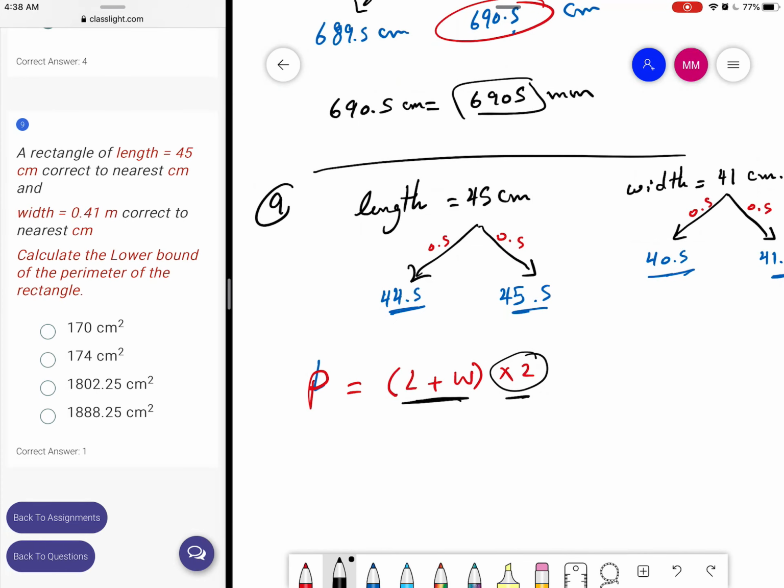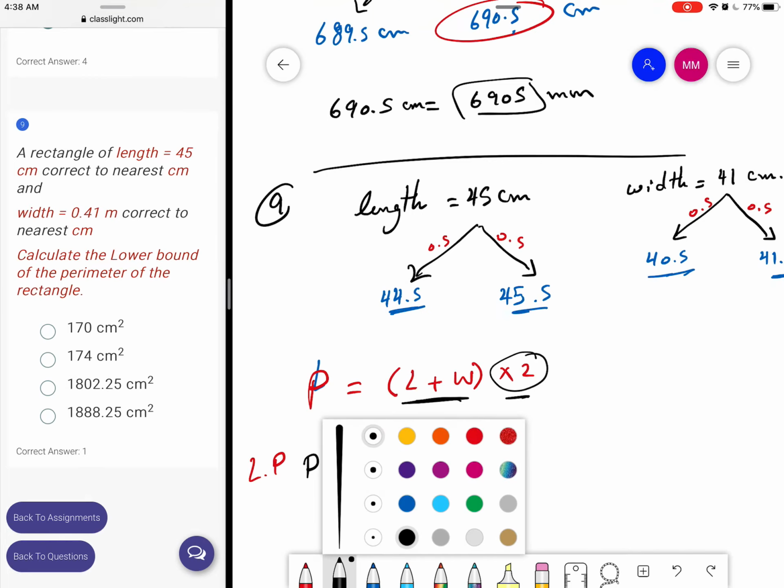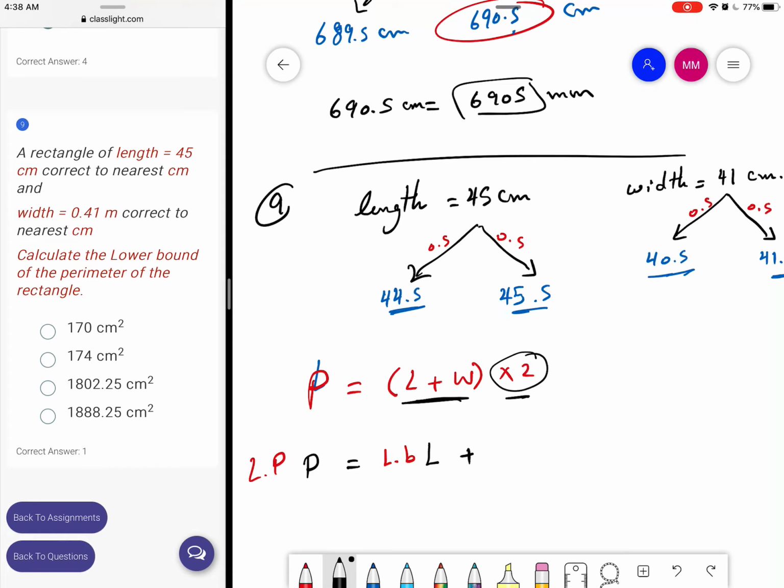Here it's addition, and he said lower bound. If we need to calculate the lower bound of the addition in the perimeter here, it will be the lower bound of length, plus the lower bound of width, then multiplied by 2.